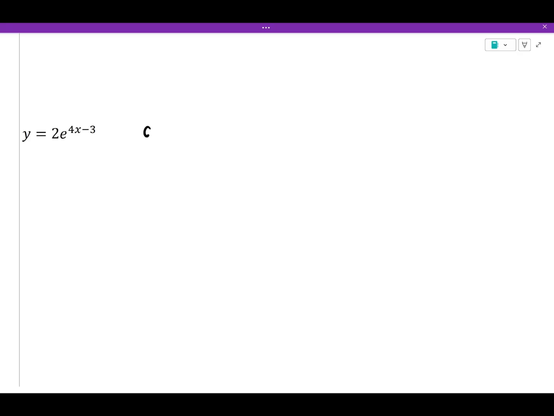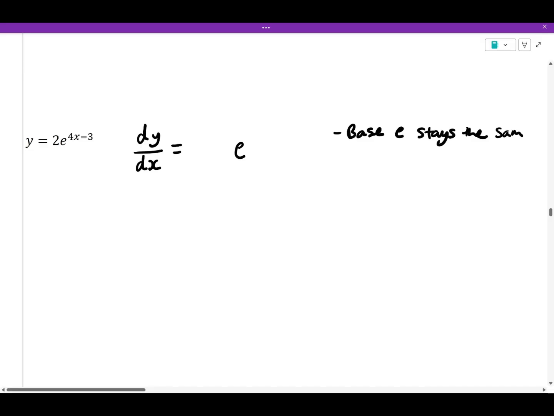Okay, so to get dy by dx for this equation here, we said our base e stays the same. Okay, so base e stays the same. Our power 4x take 3 stays the same. So I'm going to note that here. So power stays the same.